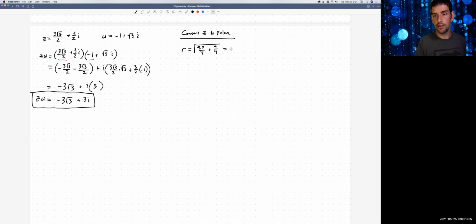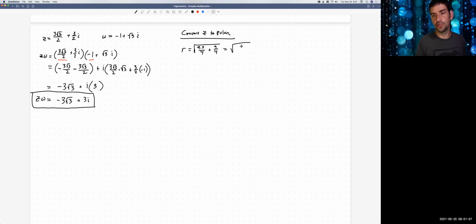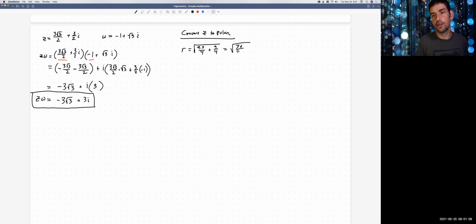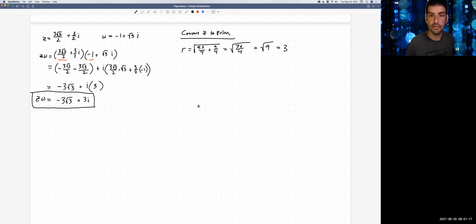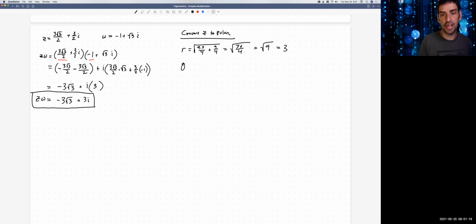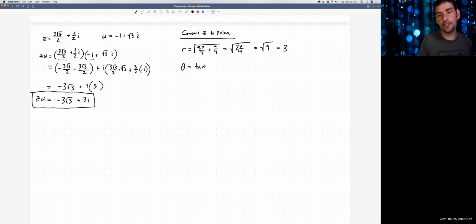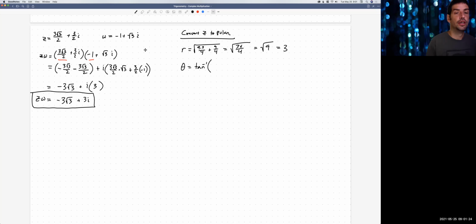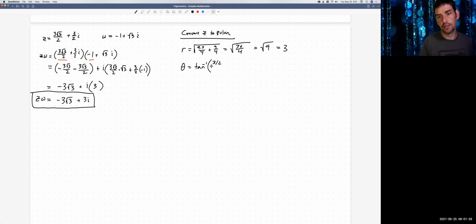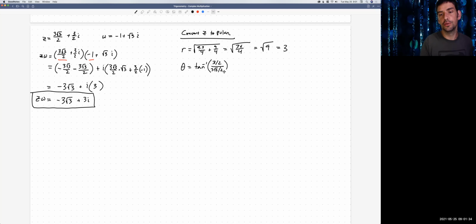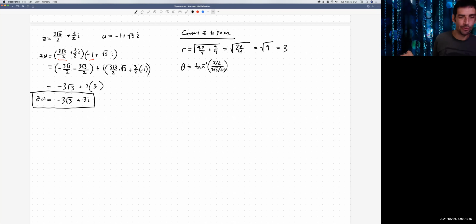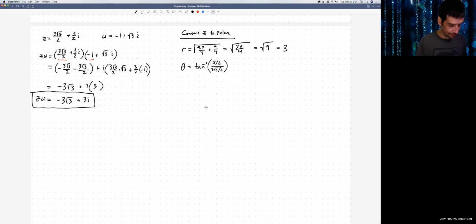And then we're getting 27 over 4 plus 9 over 4 is 36 over 4, which is 9, square root of 9, and we end up with 3. And theta is going to be the tangent inverse of 3/2 divided by 3 root 3 over 2. This is in the first quadrant. X and Y are both positive, so we don't need to add pi.